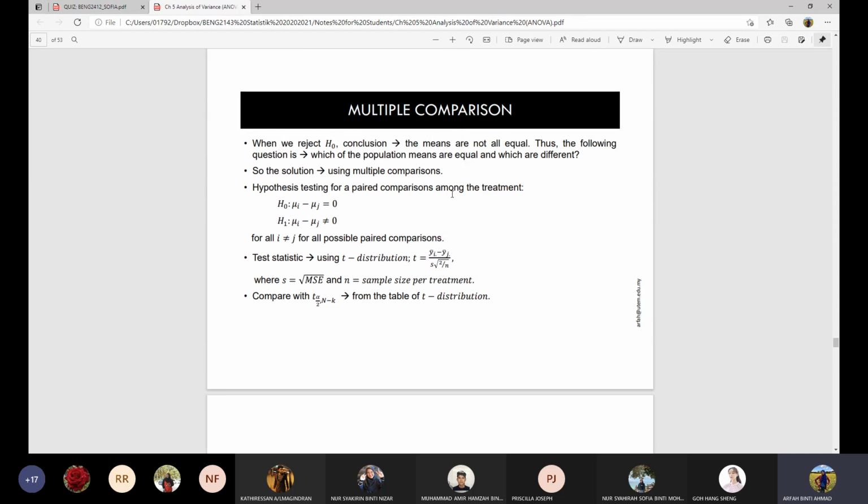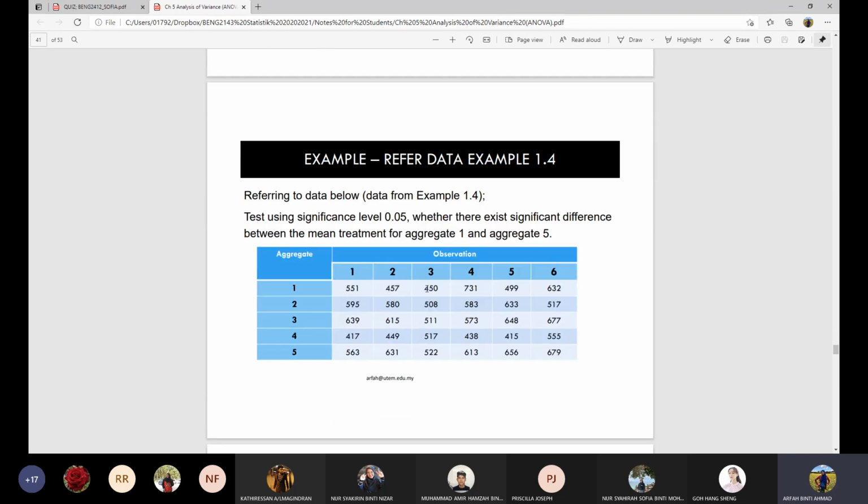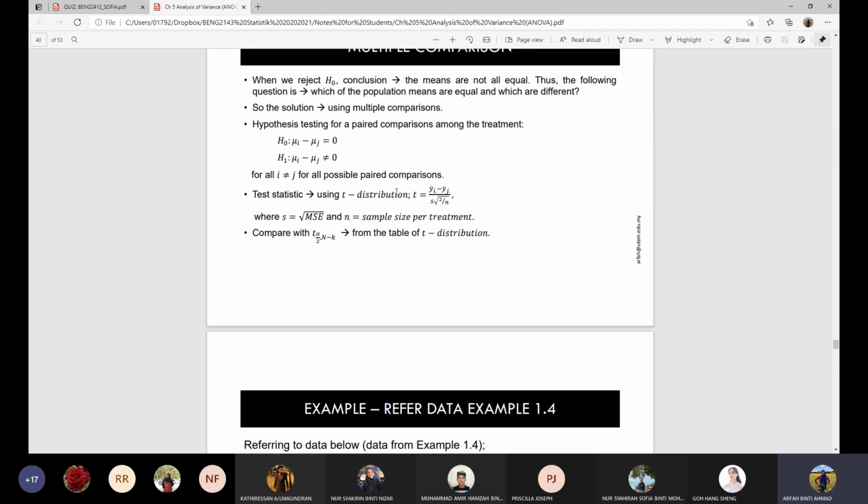Test the hypothesis for the pair of comparison, meaning that you test mu_i minus mu_j equal to 0 versus mu_i minus mu_j does not equal to 0 for all i not equal to j. So test statistic by using T distribution and then kita akan reject dia punya H null if the test statistic falls in the rejection region.